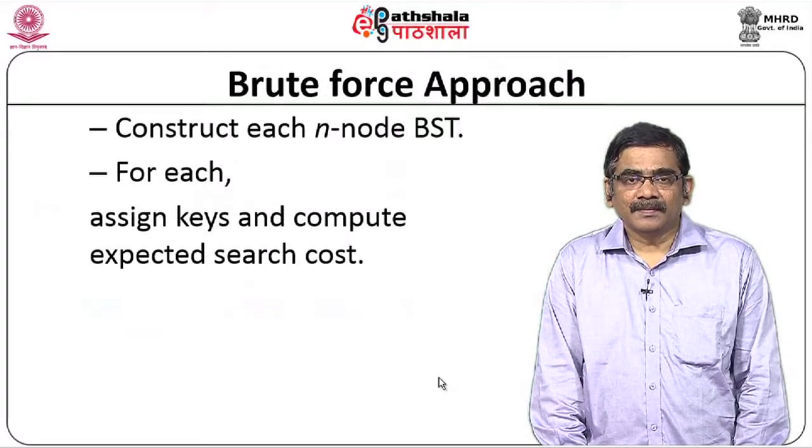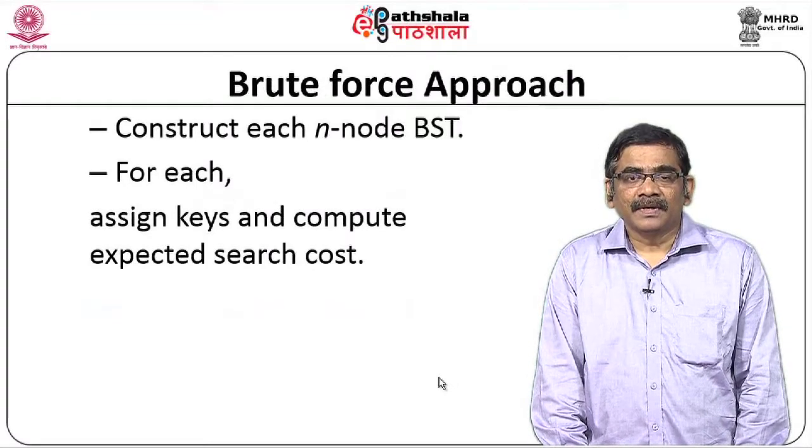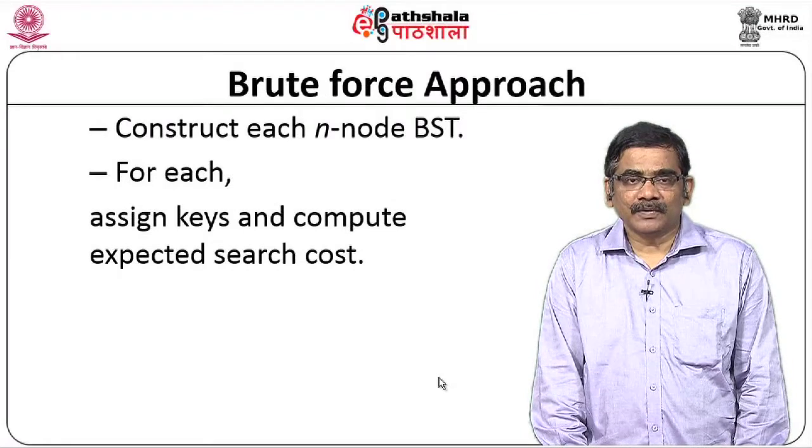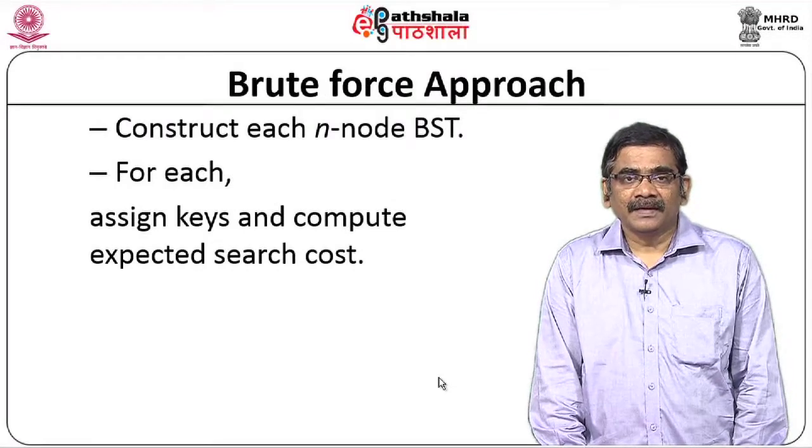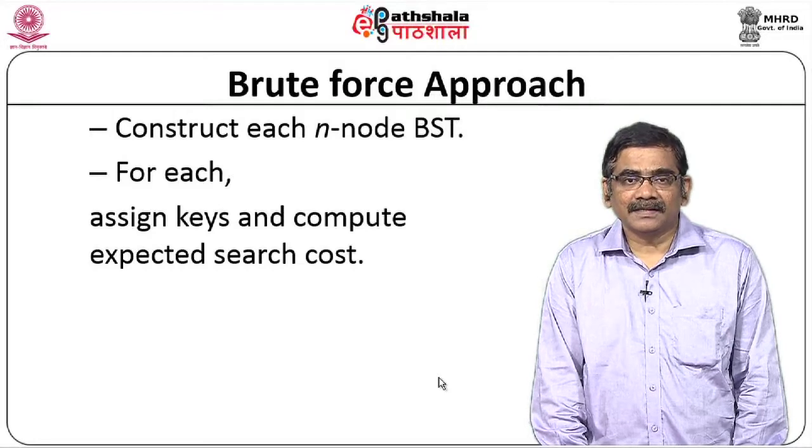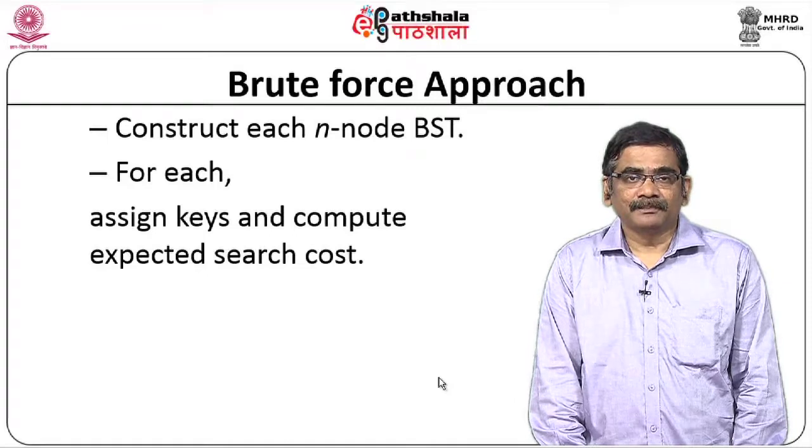The key of this particular problem is the minimum cost. So, the question is, given a set of arbitrary keys A1 to An, or K1 to Kn, how will you construct the tree such that the cost is going to be minimum?